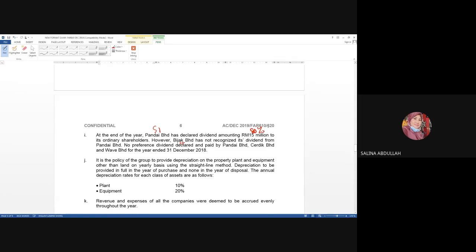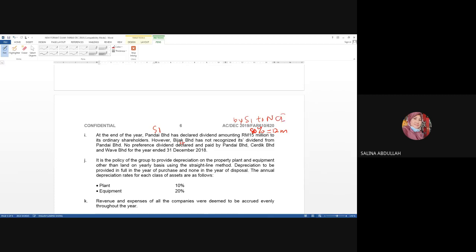So out of 15 million, 80% is equal to 12 million. Holding will receive 12 million out of this 15 million. So you will only show the balance, which is the dividend declared by S1 to NCI. That will be the amount that appears.